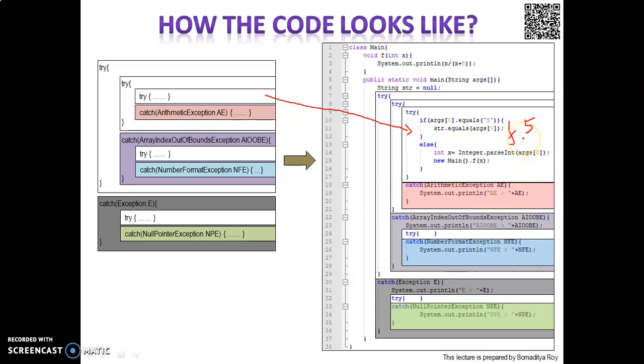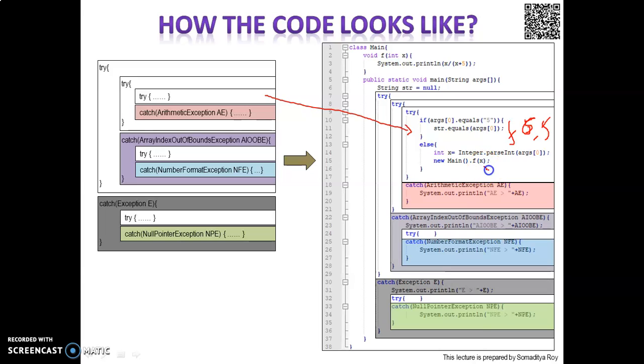We already know how the number format exception can occur. Now if we send 6, then there will be no problem.